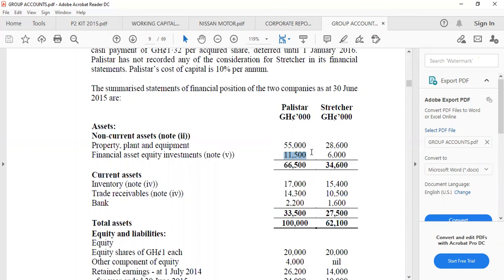That was 11.5, isn't it? 11,500. But they are now saying it is 13,200. So was there an increase or decrease in value? Increase. Increase by how much?